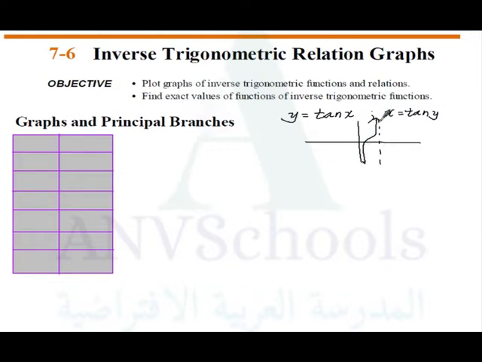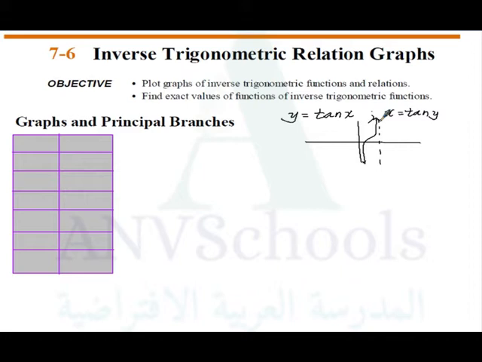Okay, now we're going to get the inverse of our tangent, or inverse tangent, so to speak. Then we're going to get a reflection, meaning we're flipping this across the horizontal axis.